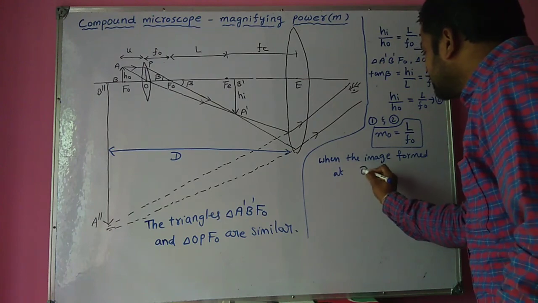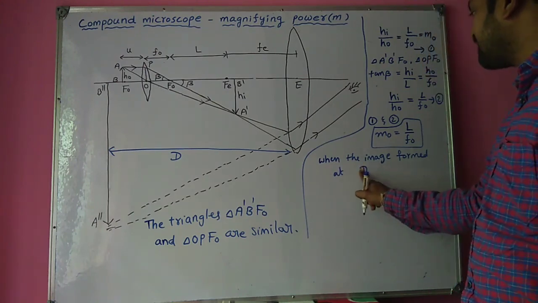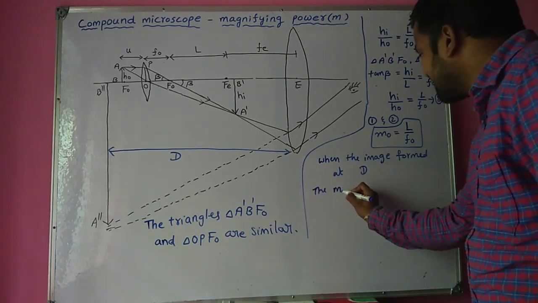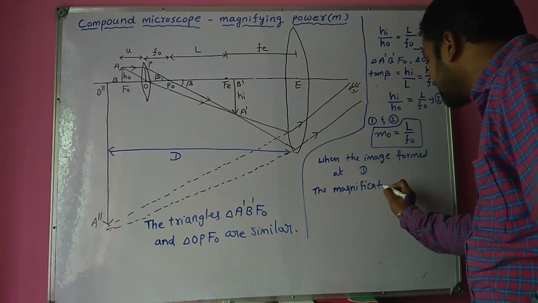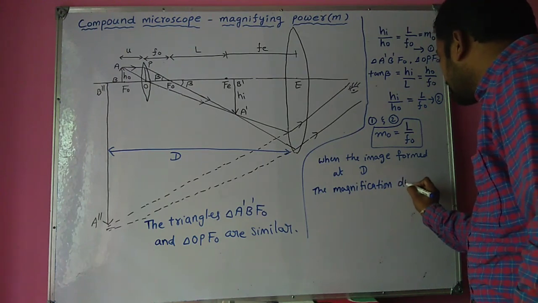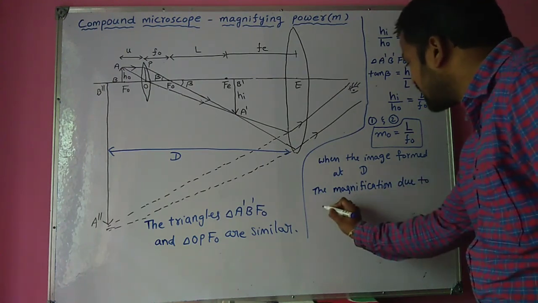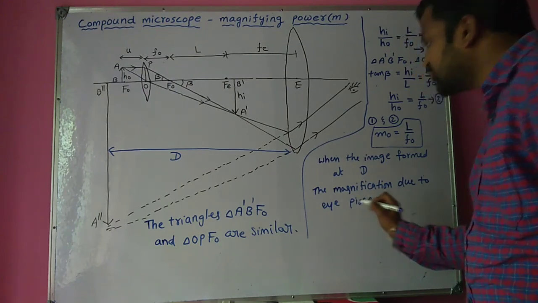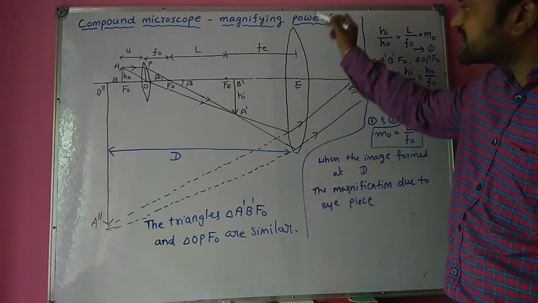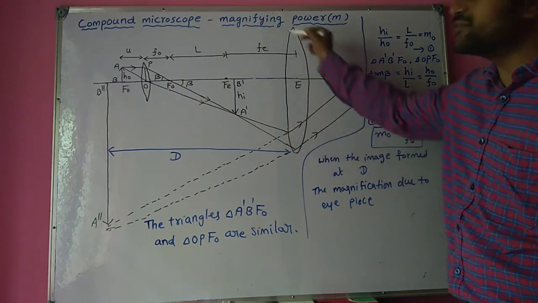When the image is formed at capital D, the magnification due to eyepiece, already we have discussed, is nothing but the magnification due to simple microscope, because this case is nothing but simple microscope.